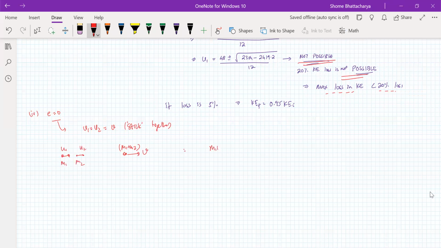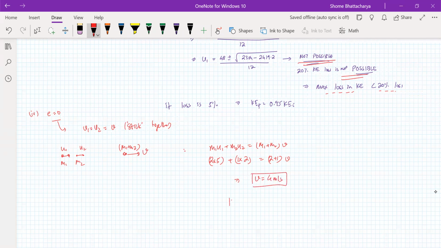So M1 U1 plus M2 U2 is equal to M1 plus M2 into V. So this momentum we had seen was 2 into 5 plus 1 into 2. So this becomes a combined mass of 3 kg into V. Okay, so that you can see comes to 4 meters per second.